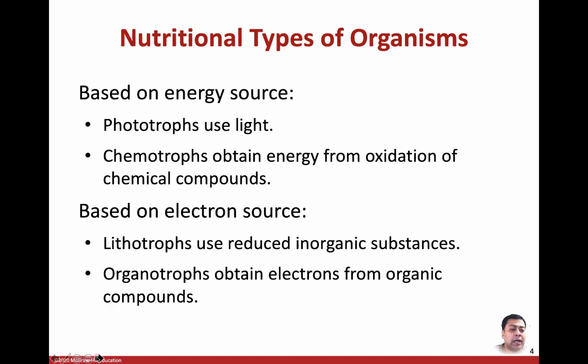So let's take a look at this. Based on the energy source, the phototrophs use light, and the chemotrophs obtain energy from the oxidation of chemical compounds. When one chemical is oxidized, it will reduce another, which is called fixation of that molecule.